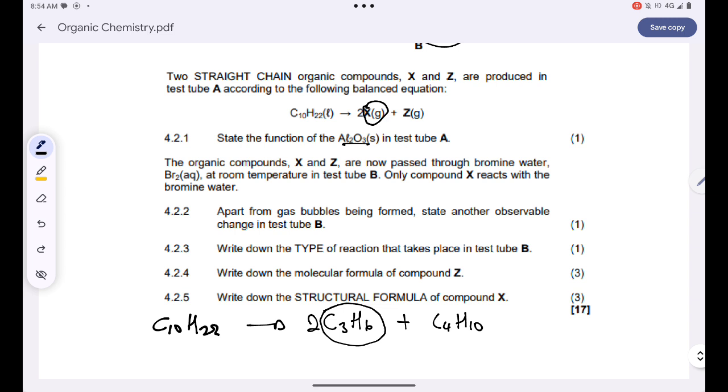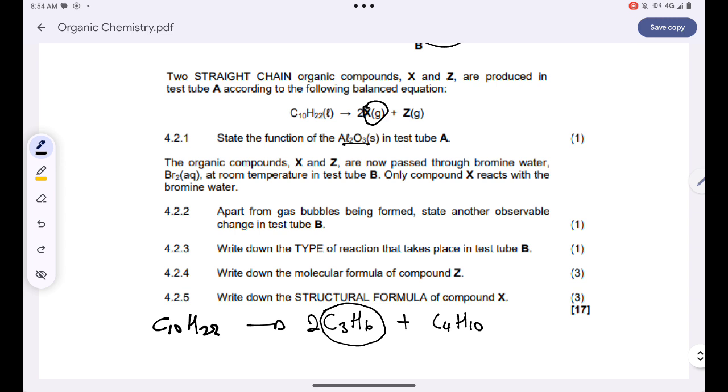Alkenes will react with bromine spontaneously, but for alkanes to react with bromine, it needs energy. Why? Because alkanes have stronger intermolecular forces than alkenes, so they will require more energy for the bonds to be separated.